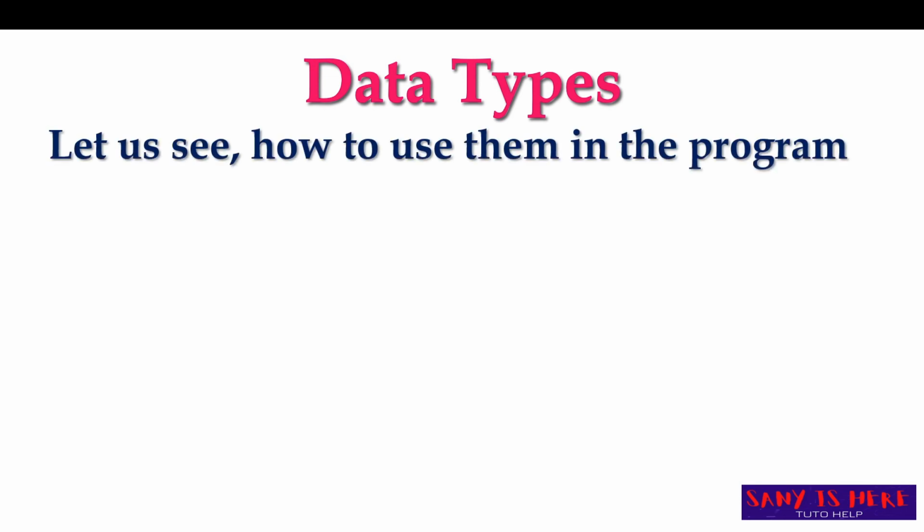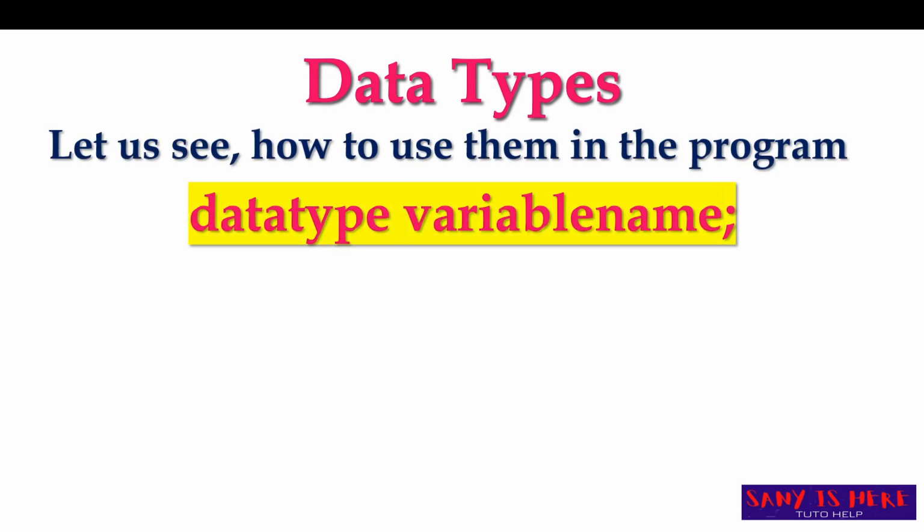Let us see how to use these data types in the program. This is the syntax or general form to use data types with variables. That is, first we need to write the data type and then the variable name with a semicolon.